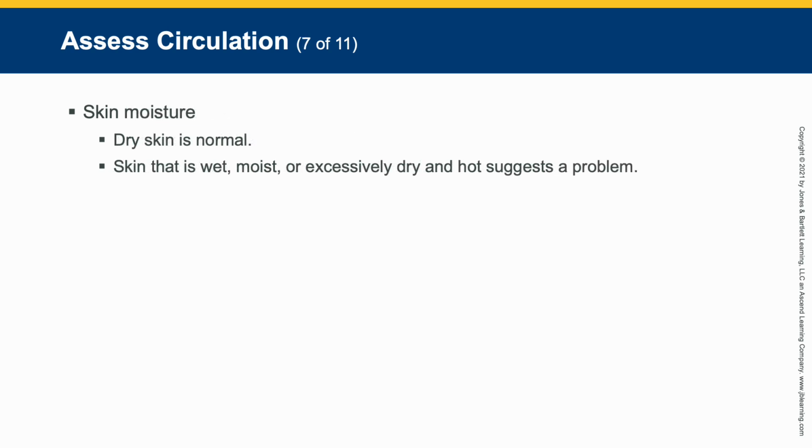Now, in addition to the skin color and the temperature, we're also going to look a little deeper at the skin moisture, okay? As I stated, normally skin should be dry, right? So it should be pink, warm, and dry. But if the patient's skin is moist, clammy, or excessively sweaty, that's going to be a red flag, right?